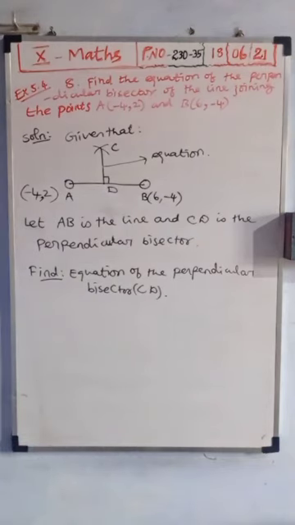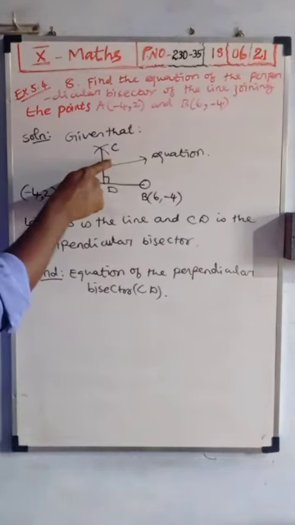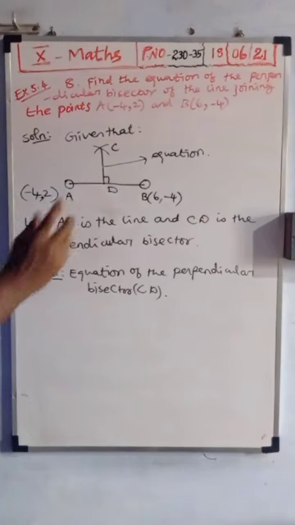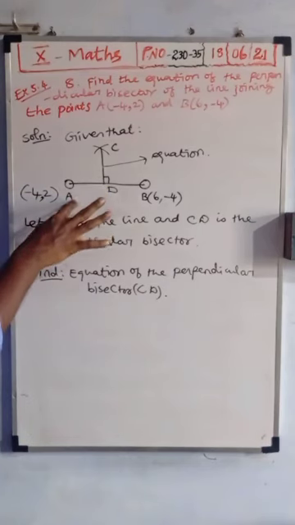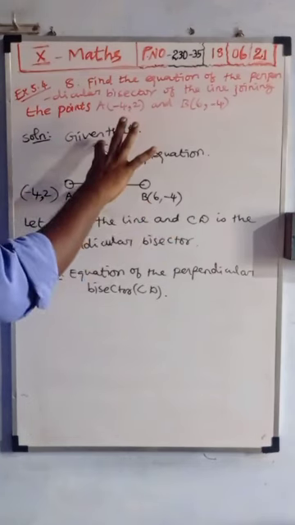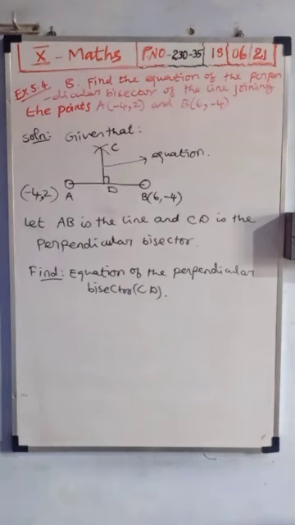For that CD, suppose any one of the points on it you know, then using the AB slope we will get the CD slope. Then using the slope point form we will get the equation. Okay, but here we do not know anything.